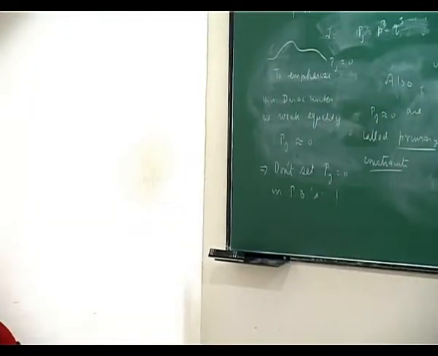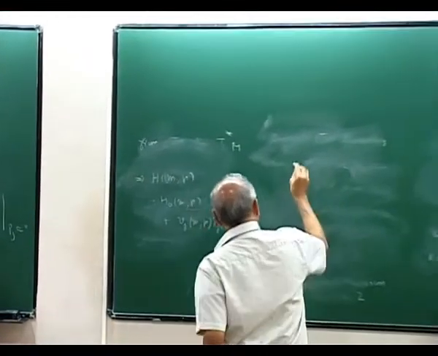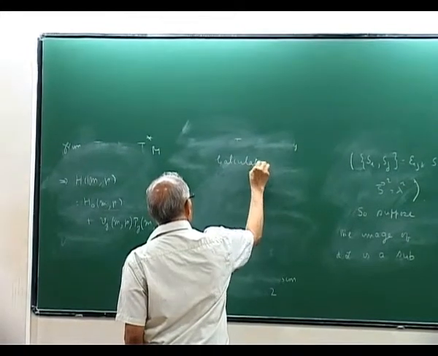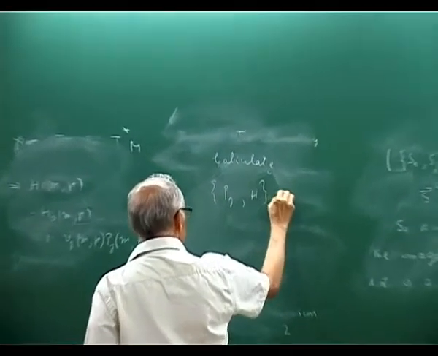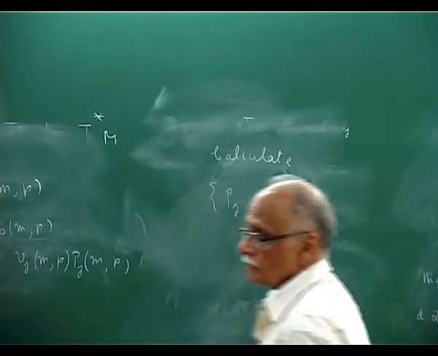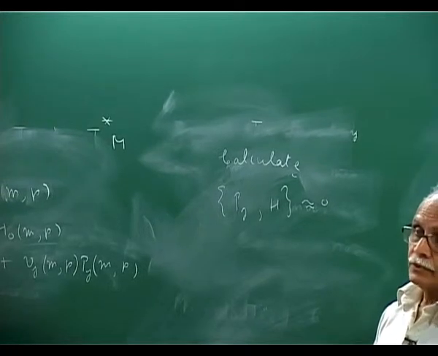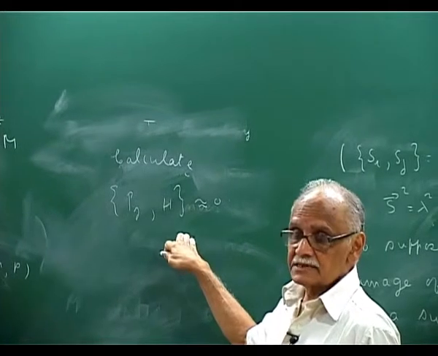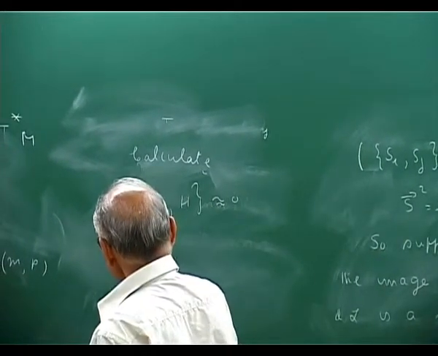Now calculate the Poisson bracket of Pj and H, and set it equal to 0. This is the statement that time evolution preserves the constraints. This gives secondary constraints.